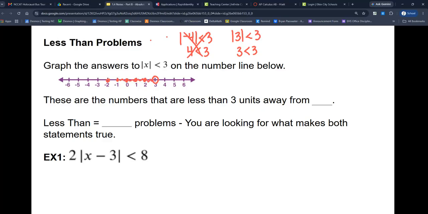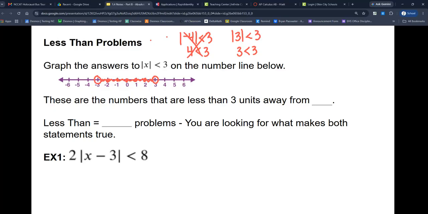And then the same thing is going to happen on -3. We can't actually use -3, but we can go all the way up to it. So when we put those open circles, that tells me everything all the way up to 3 counts. So 2.9, 2.99, 2.9999999 would still work, but we can't use 3 itself.